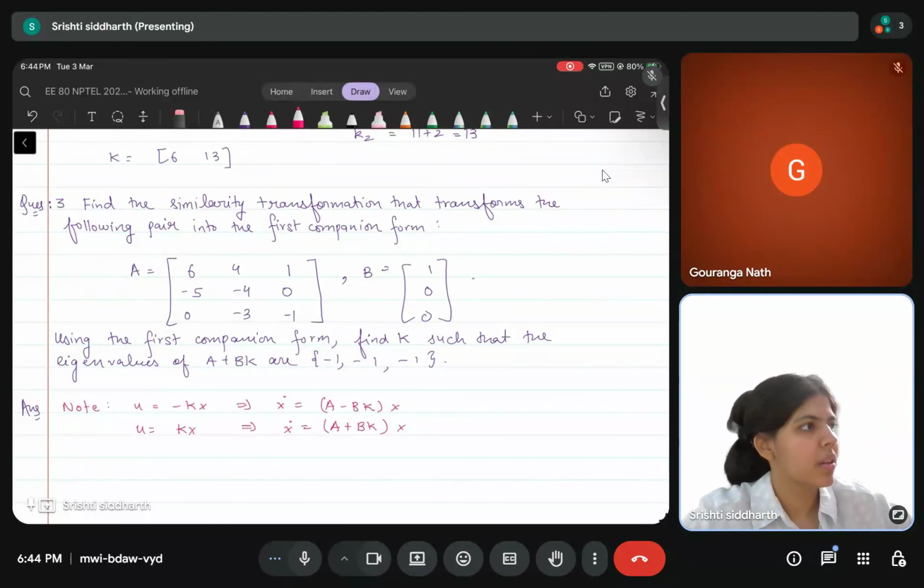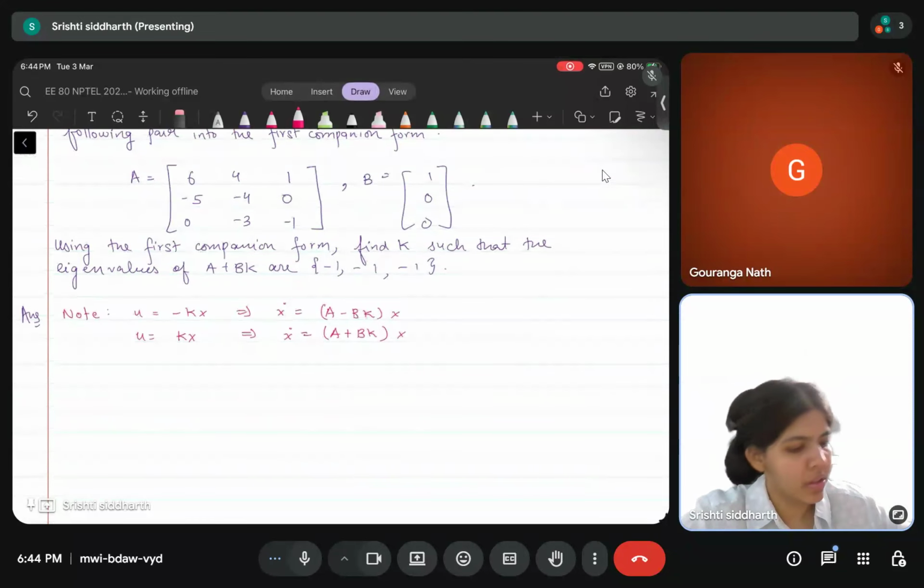Alright, so let's begin. To convert to the first companion form, we need the controllability matrix.